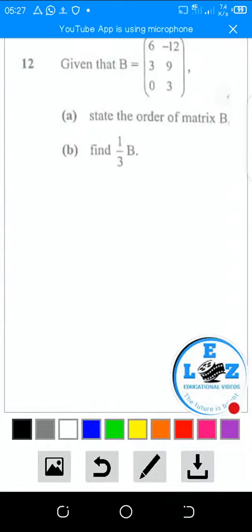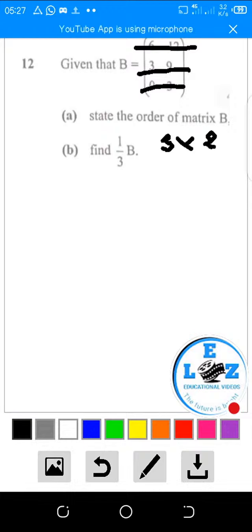To write the order of a matrix, we start with the rows, then the columns, row by column. We have 3 rows here. Rows are these lines that we count, lines that are horizontal like this. So there are 3, and we say we have 3 by 2.